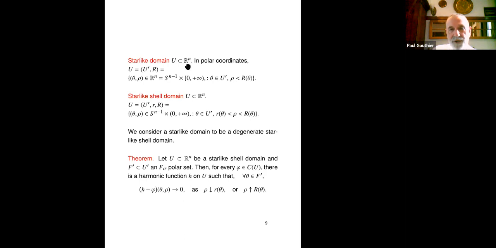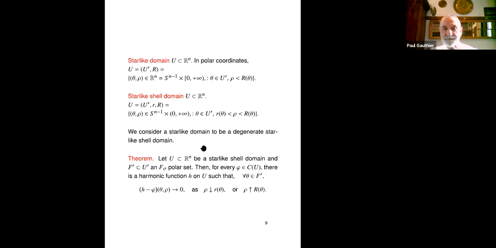If we have just one function, then we have a star-like domain with the outer boundary R of theta. But if you have a shell domain, you have an outer boundary R of theta and an inner boundary little r of theta.